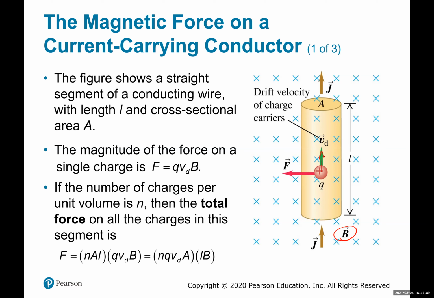So exerting a force on the moving charge carriers, when those charge carriers collide with the physical lattice structure of this wire, there's an impulse associated with that collision that is directly resulting from the force on the moving charge carriers by the field. So exerting a force on the moving charge carriers essentially means exerting a force on the whole wire.